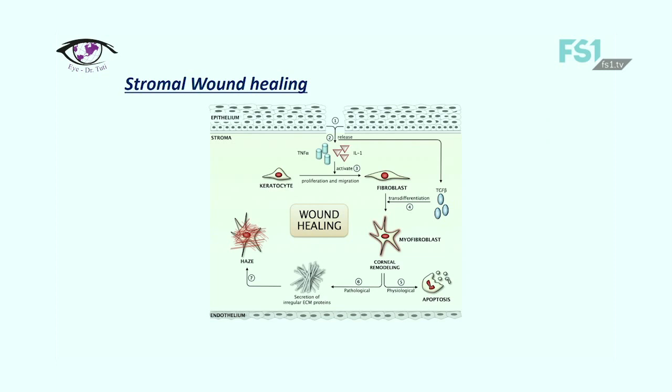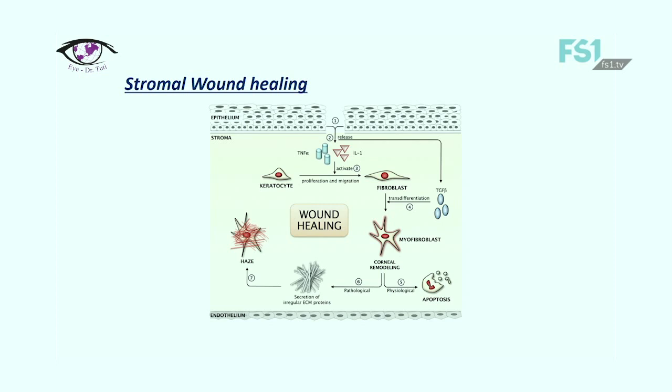Stromal wound healing. This slide and this scheme actually show, from my point of view, perfectly the stromal wound healing. As we can see here, keratocytes proliferate and migrate into fibroblasts, and then they proliferate into myofibroblasts. This is the normal process, and as I said already, the normal turnover of keratocytes takes 2 to 3 days.